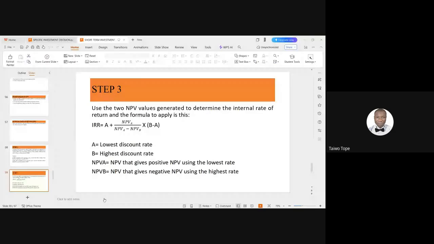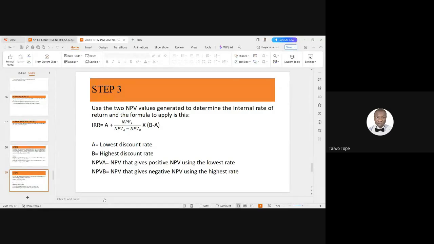And the formula to apply is this. That is, internal rate of return is equal to A plus NPV of A divided by NPV of A minus NPV of B, all multiplied by what? B minus A. And what is B? The highest discount rate, and A is the lowest discount rate.